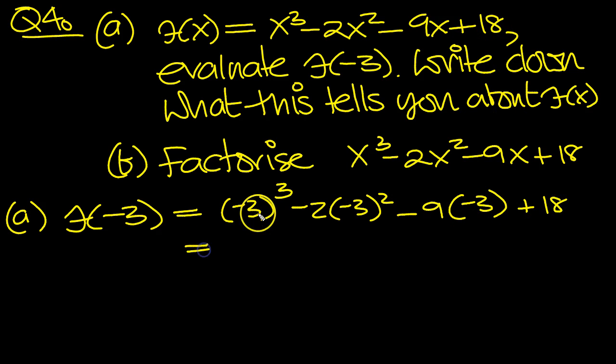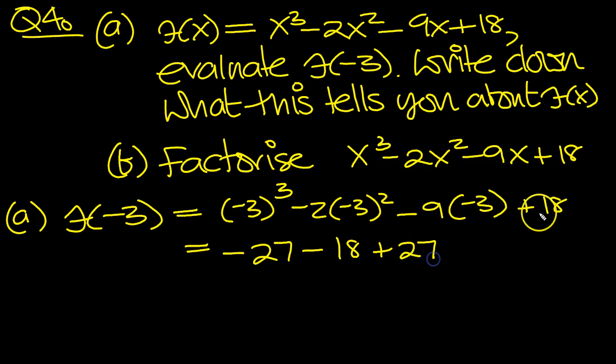So this is equal to minus 3 cubed, which is minus 27. Minus 3 squared is 9, times minus 2 is minus 18, because there were 3 minuses in total here. Minus times minus is a plus, and we've got a plus 18 at the end. 9 threes are 27.